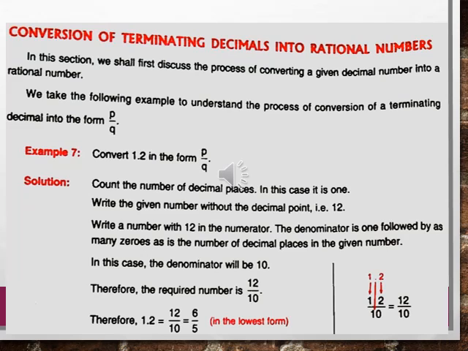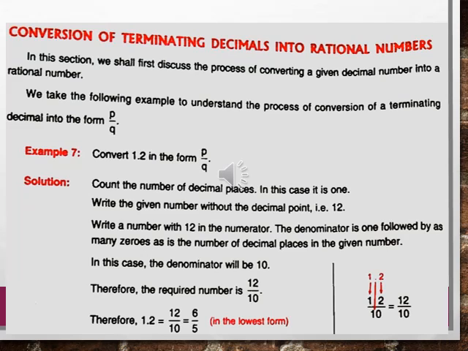Conversion of terminating decimals into rational numbers. In this section, we shall first discuss the process of converting a given decimal number into a rational number. We take the following example to understand the process. Convert 1.2 into the form of p by q.